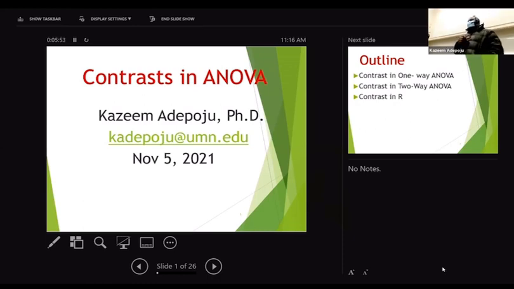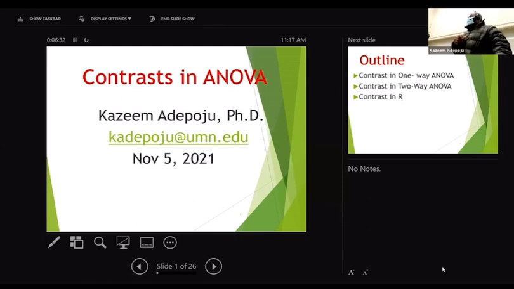Of course, the fact remains that if we're looking at the one-way analysis of variance, we want to look at the effect of a categorical predictor on the response. What we are actually comparing is the levels of the categorical predictor. The number of groups that we're going to compare depends on the levels of the categorical predictor.